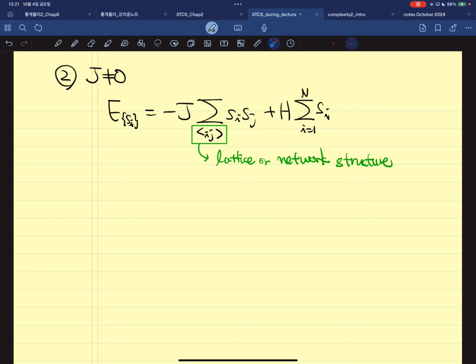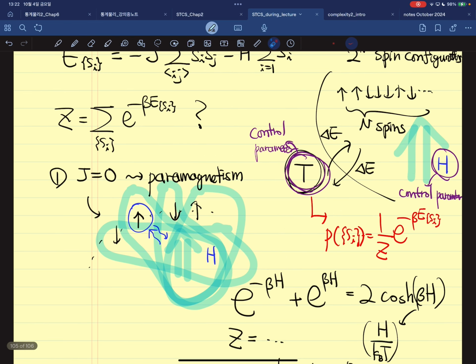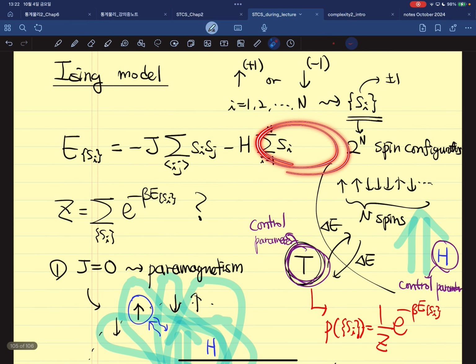If we can imagine some hypothetical situation where this lattice structure is so regular, you may anticipate some simpler behavior, even in this non-zero J case. Because all of this simple calculation was possible because of this very simple form of this H term.